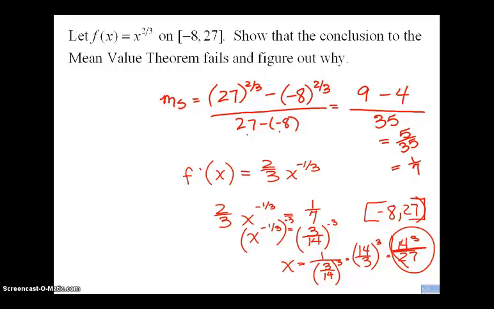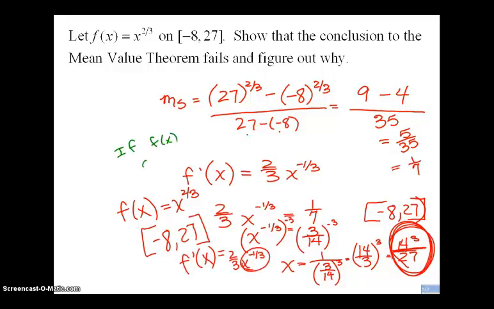Well, I kind of tricked you, because I didn't pay attention to the if part of the mean value theorem on purpose, because I wanted to show you that you can work a mean value theorem where it fails and actually get an answer. But it's not a useful answer, because what's true about our function on the closed interval from negative 8 to 27?